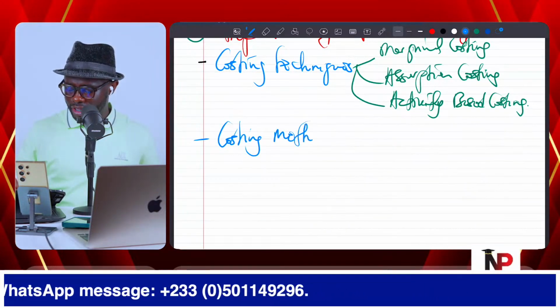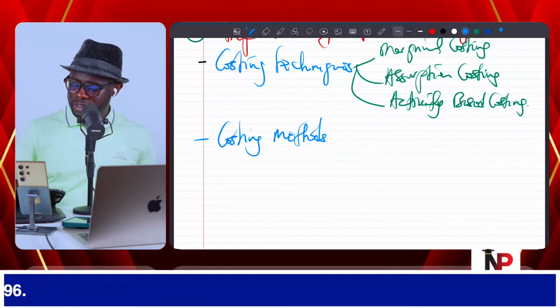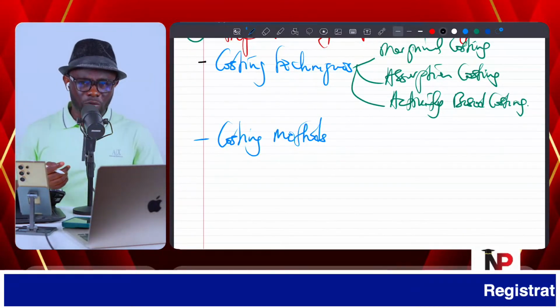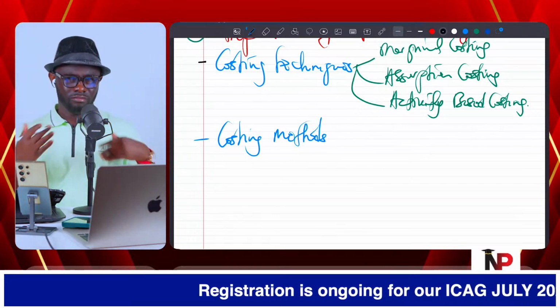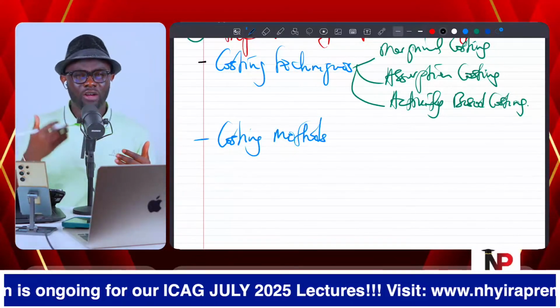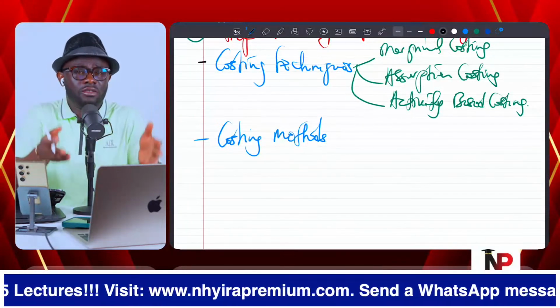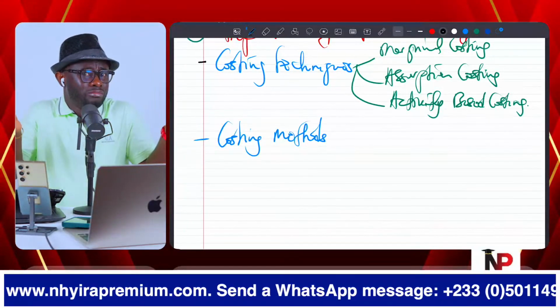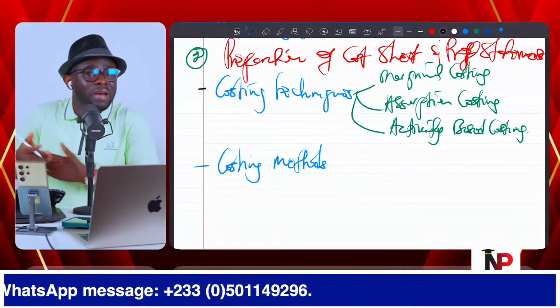You may not study this, but you should know some of these things offhand, like job costing, batch costing, service costing, those kinds of things. Under each of these costing methods, how do we estimate the cost of a product, of a job, of an activity, of a service? Generally, you are expected to know these costing methods.